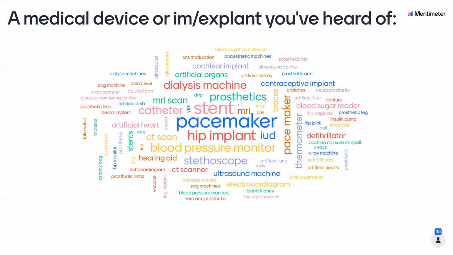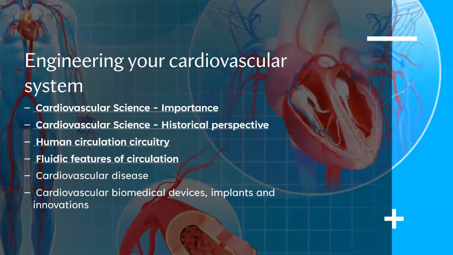And they're some of the most common devices, these cardiovascular biomedical devices. And today and during this week and the next, we'll be looking at them more systematically. So you'll be learning about various types of disease, and you'll be learning about solutions that we found to cure these diseases and treat them. So we're going to talk a lot about these devices, especially next week.